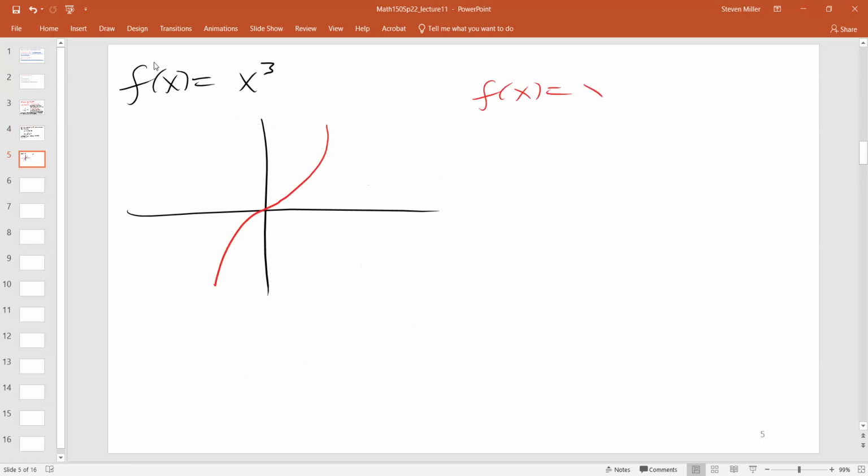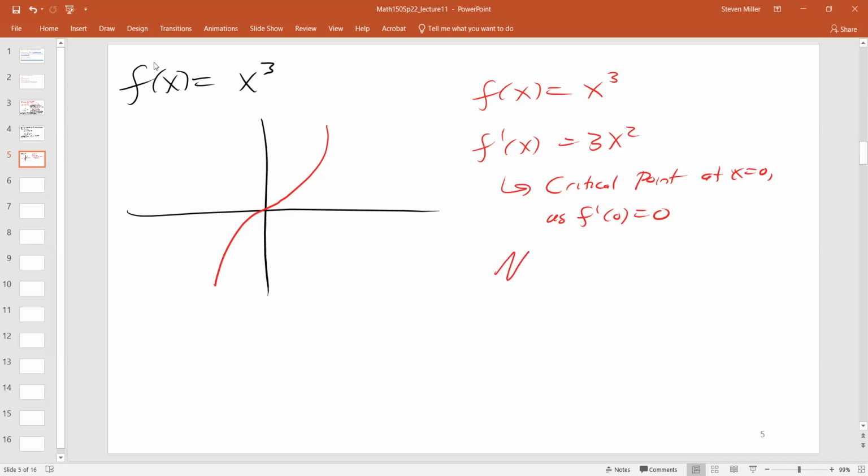So if f of x is x cubed, f prime of x is 3x squared. So we have a critical point at x equals 0, as f prime of 0 equals 0. This is not a max or min. So it is not a sufficient condition.